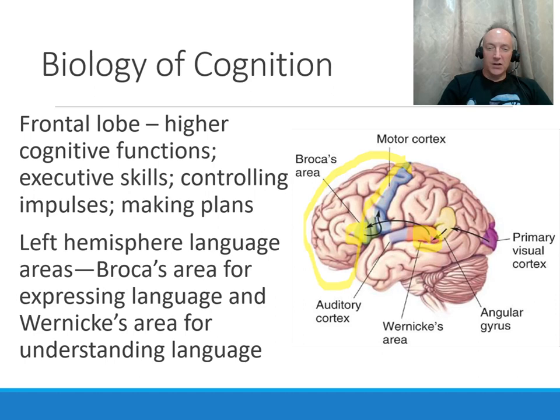We were just talking about visual imagery and auditory imagery. If we're dealing with visual imagery, we're activating the visual cortex in the occipital lobe. If we are dealing with auditory imagery, we're dealing again with the auditory cortex in the temporal lobe.